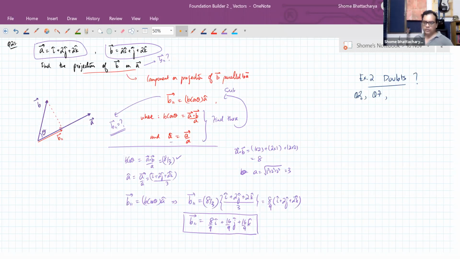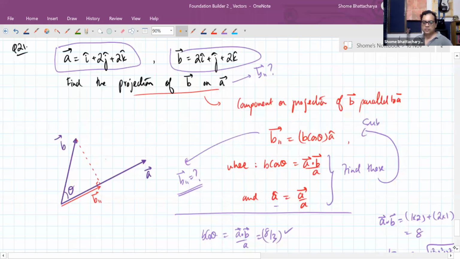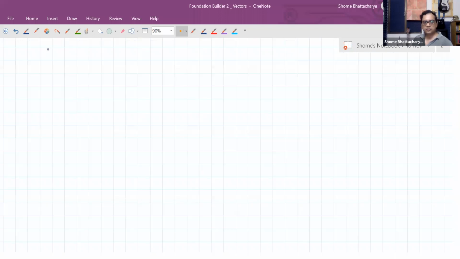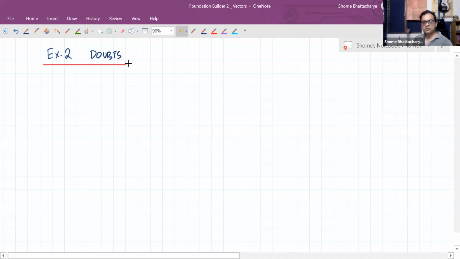Alright, so let's start with question number 2 of exercise 2. Okay, so the question gives us two vectors A and B. Now in this, see, there is no one thing the question is asking.